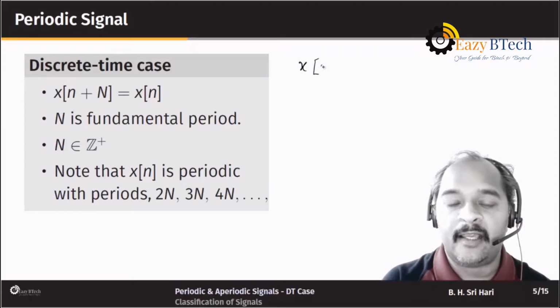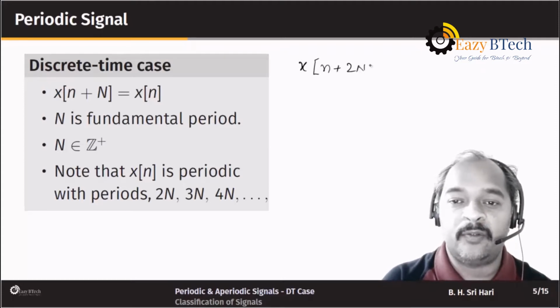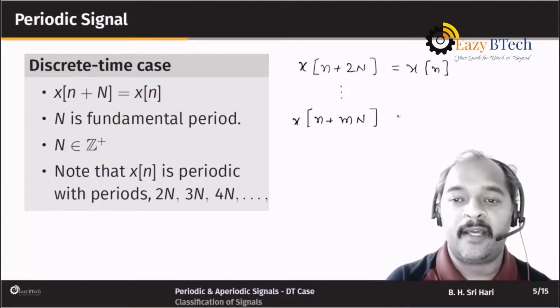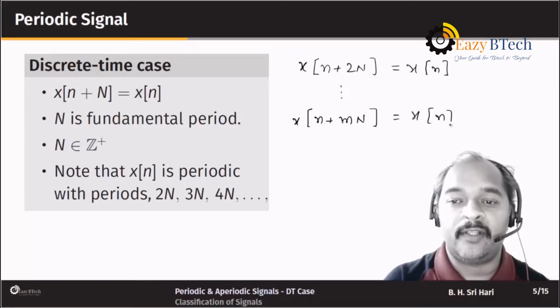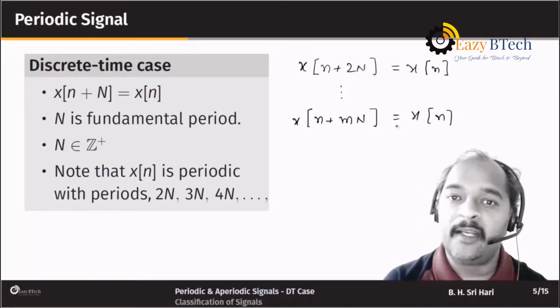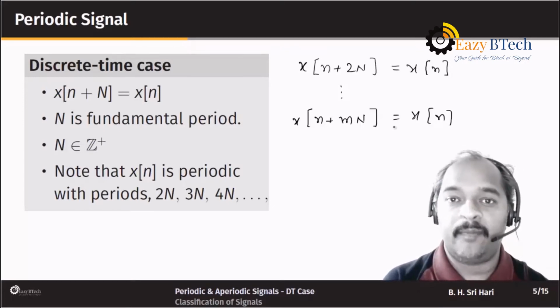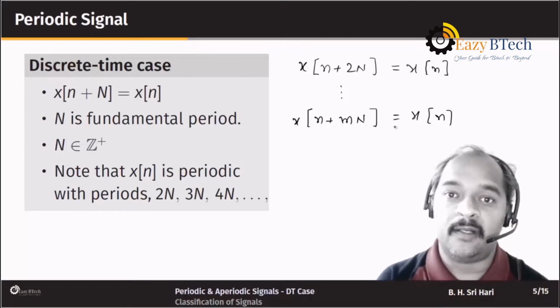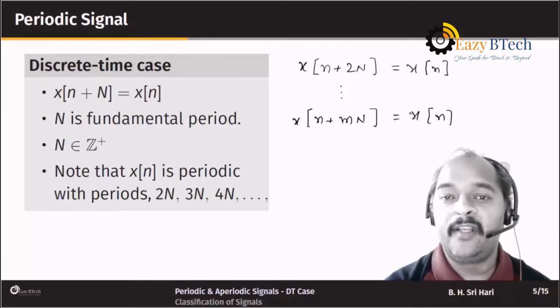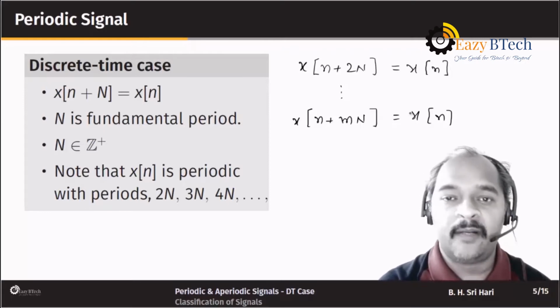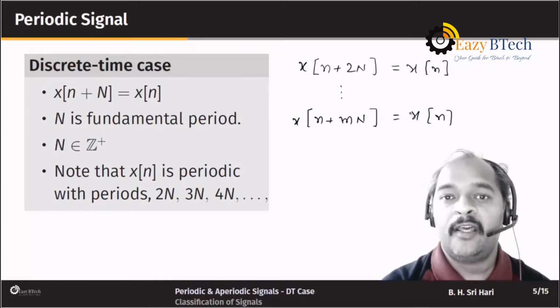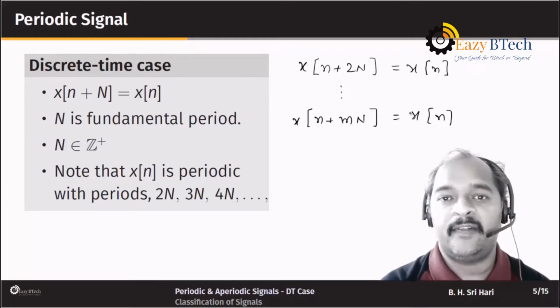We can see that x of n plus 2N again turns out to be x of n, and similarly x of n plus some integer multiple m times capital N is also x of n. So any integer multiple of capital N can be the period of the signal, but capital N is the fundamental period. You should know the difference between the fundamental period and the period of the signal. Usually when we say period, it is actually the fundamental period of the given signal.